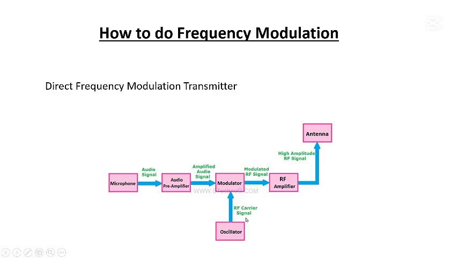The frequency of this wave changes based on the amplitude of the audio signal. This is called modulation, and as a result we will have a modulated radio frequency signal, and then we will amplify it. After amplifying, we will transmit it through the antenna. This is the direct frequency modulation transmitter type.